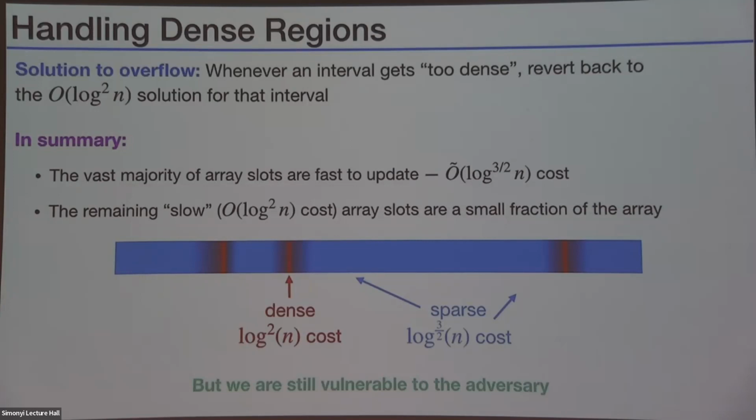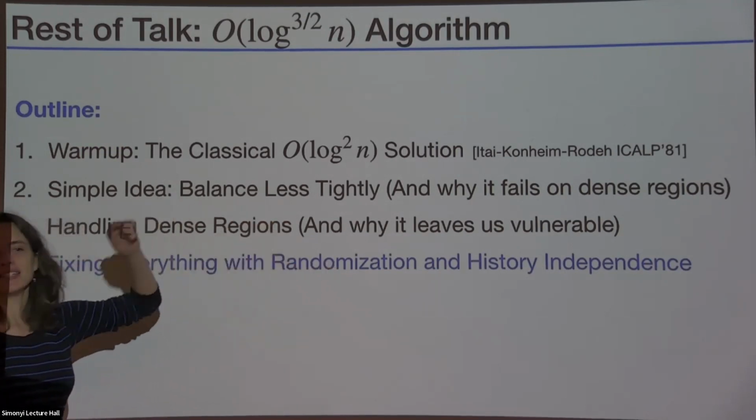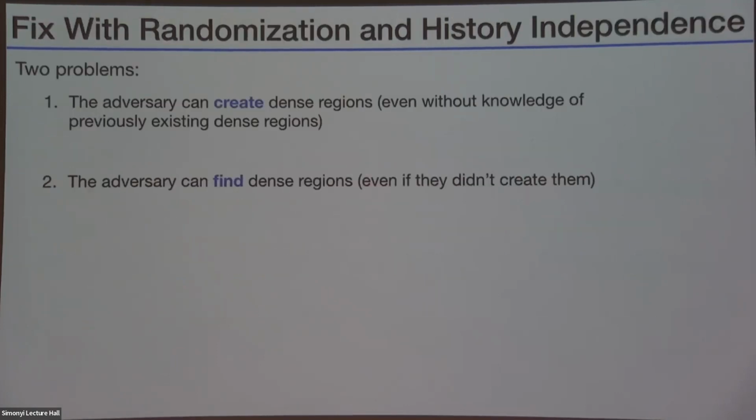Okay, so the way that we're going to hide these dense regions from the adversary is using the power of randomization and this idea from before of history independence. Let's zoom in on what the real problems are here. There are two distinct problems, and both result in the adversary having some information about where the dense places in the array are.